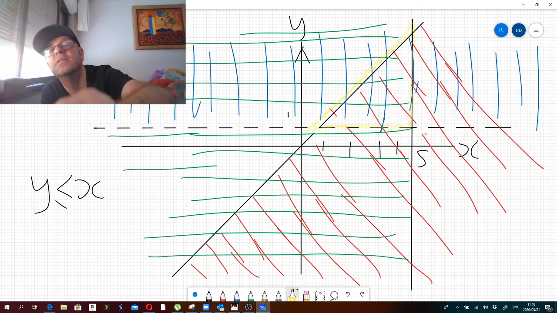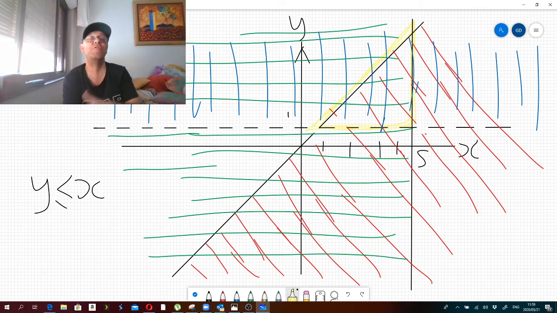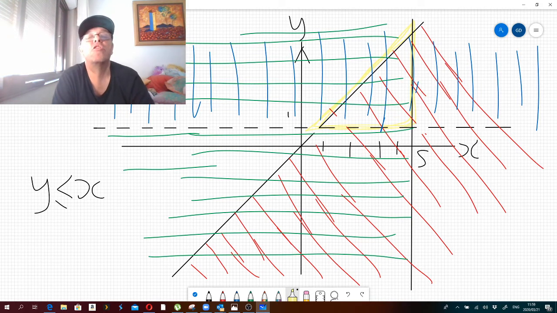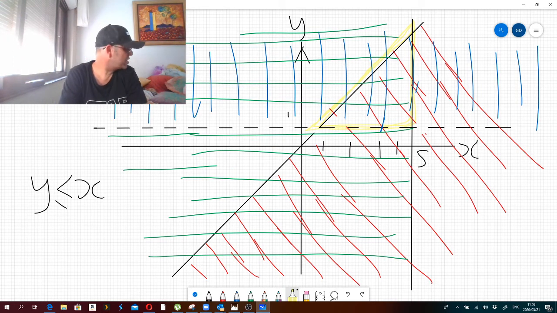So that triangle has red, blue, and green shade. Everything else has either blue and green, or just blue, or just green, or red and blue, or red and green, but not all three. So in other words, once we've shaded everything, we are only interested in the section that is included with all of the shading.